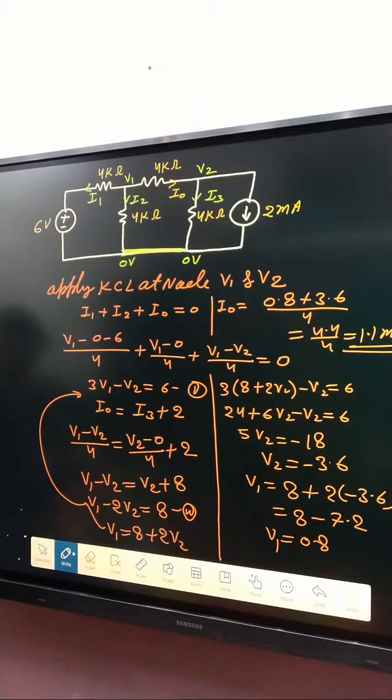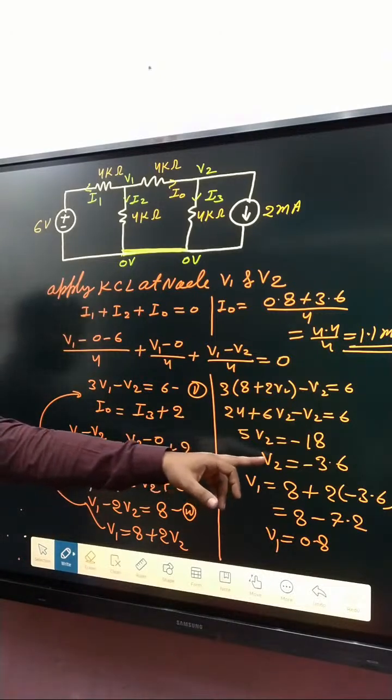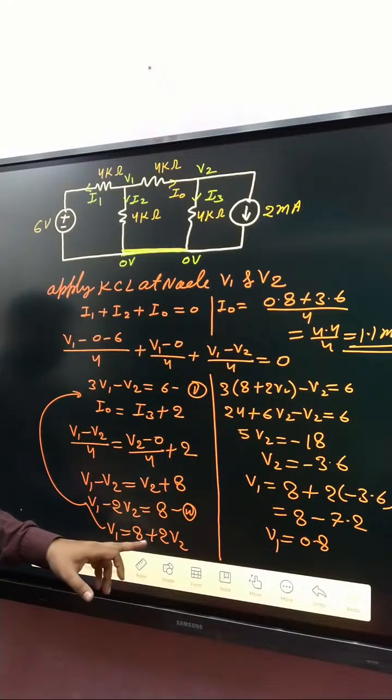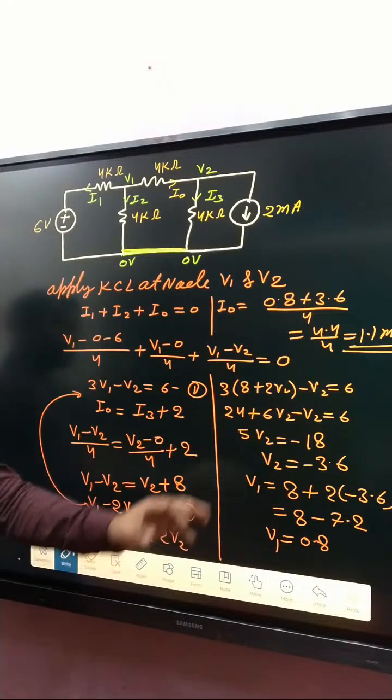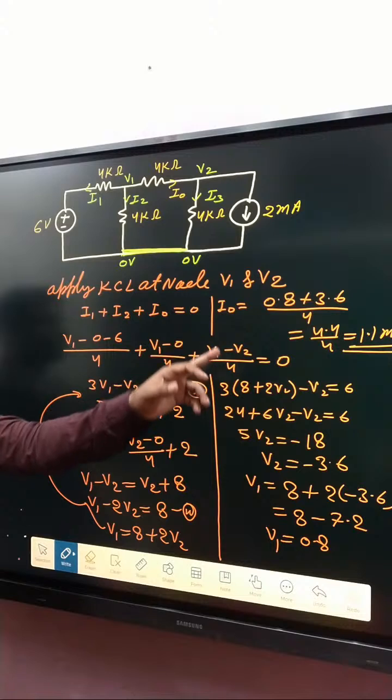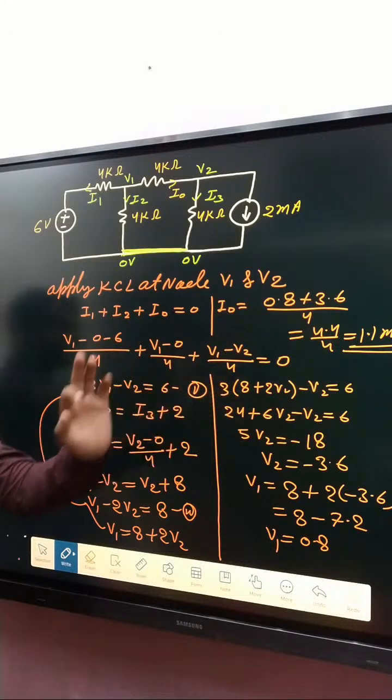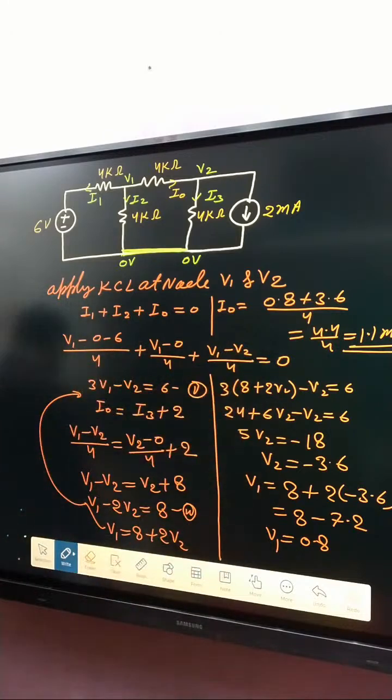Why put V1 in the equation? Because if V1 is put in equation number 1, then we get V2, and after that, that V2 is put again in that equation, then we get V1, and our motto is to determine I naught. So put here V1 minus V2 divided by 4, then we get the final answer of 1.1 milliampere.